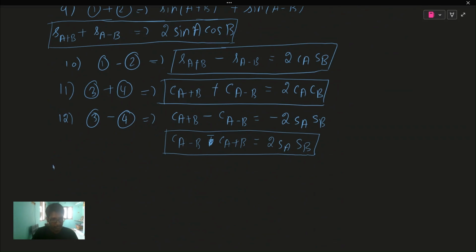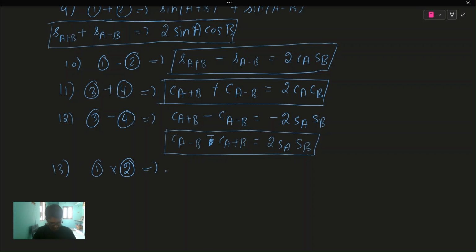Now another equation, like sine. What we saw was the combination of addition and subtraction with the basic 4 identities. What if equations 1 and 2 got multiplied, and what would be that result?